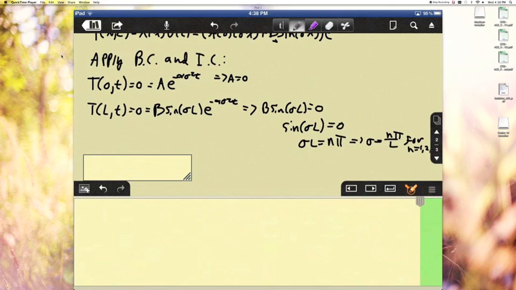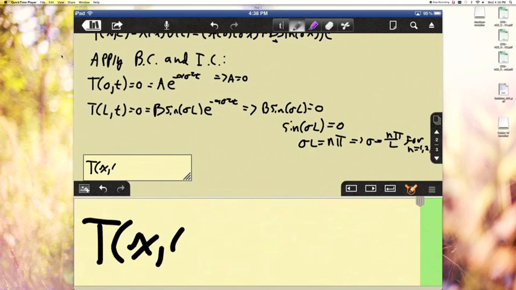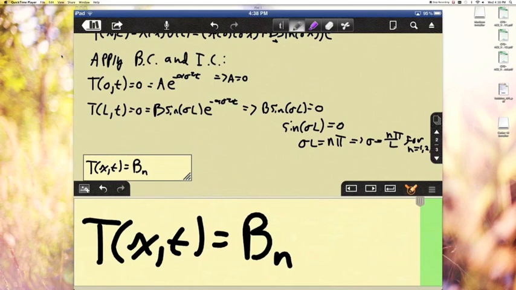Now we can plug all this into the solution that we have so far. We have T, X of t. Since we have n number of eigenvalues, we have to add a subscript to our constant, because our constant will change with the eigenvalue. So we have n number of these b sub n's.